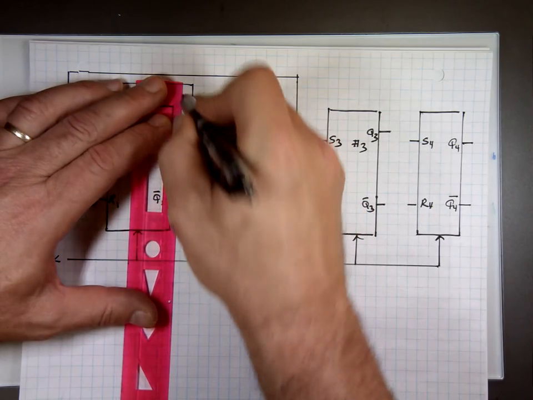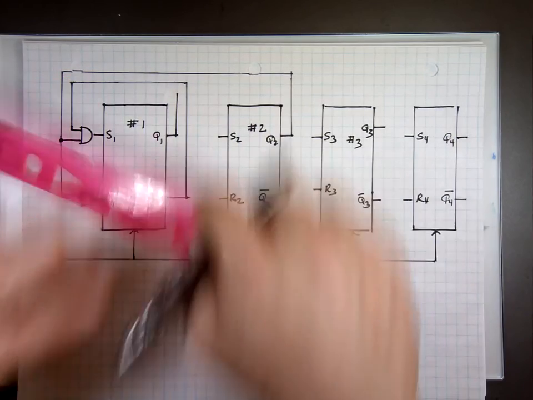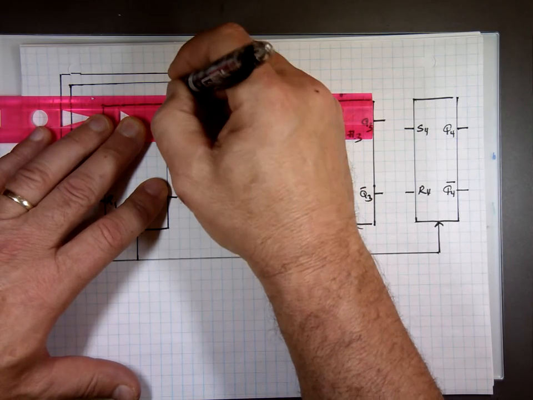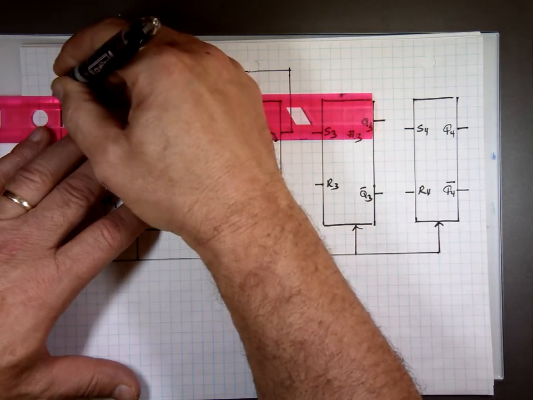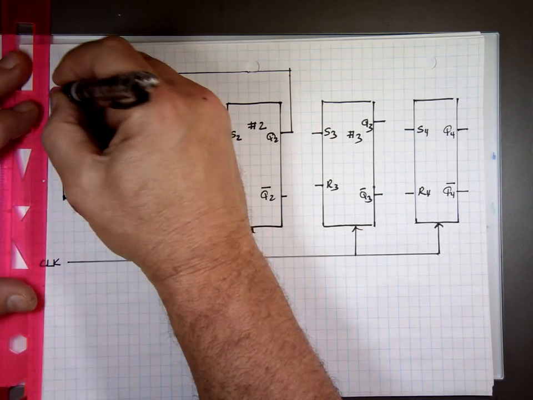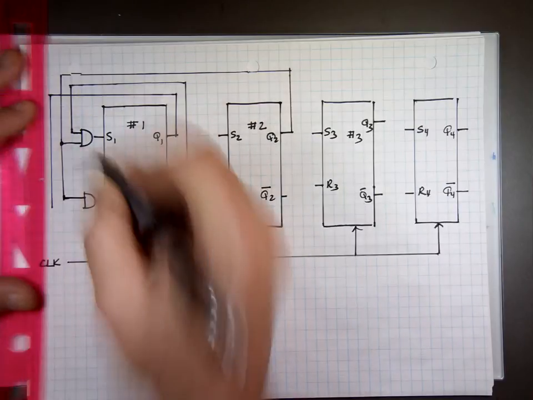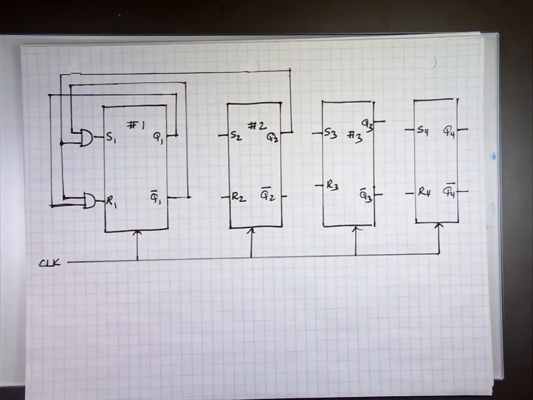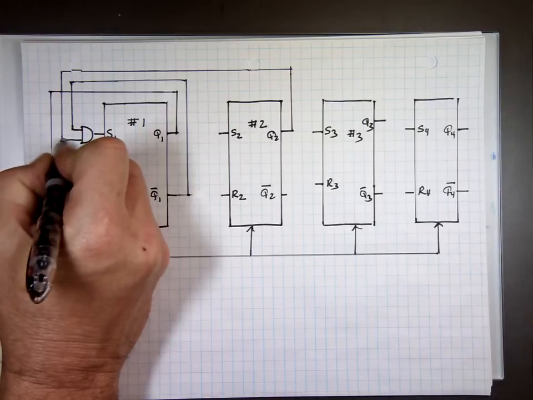And when you cross these, just don't put a dot on them. They know it's not attached there. That's S1 and R1. Notice the dot here. I put a dot that tells me it's connected there. There's no other dots yet.